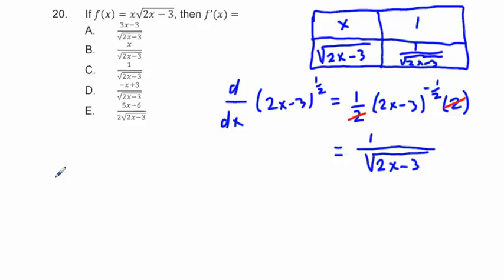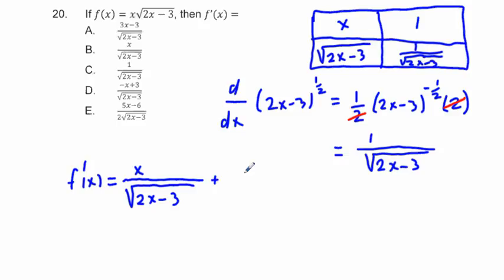So we have as f prime of x is equal to x over the square root of quantity 2x minus 3 plus the square root of quantity 2x minus 3.